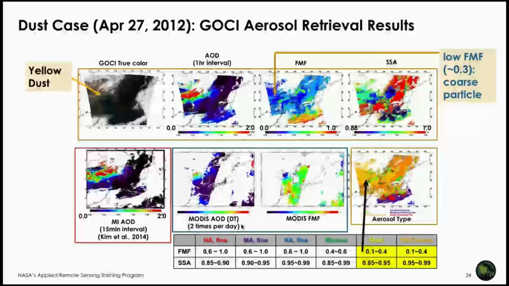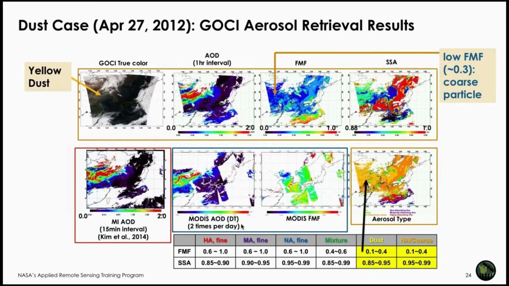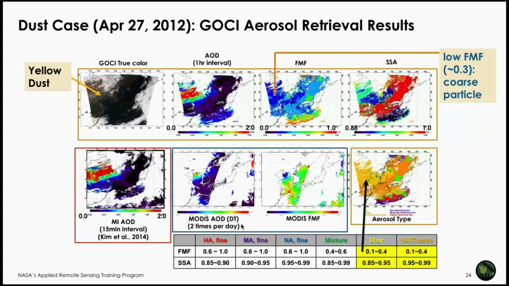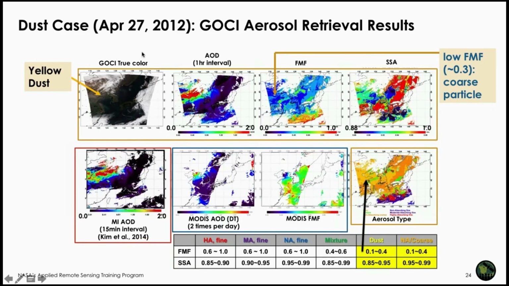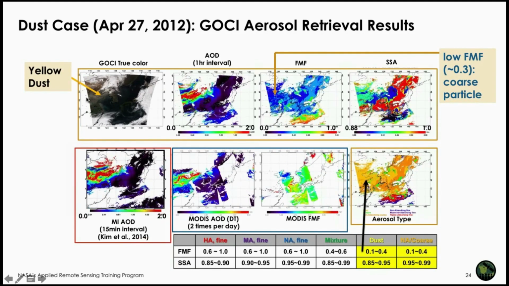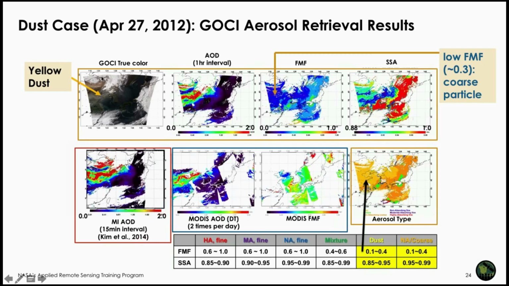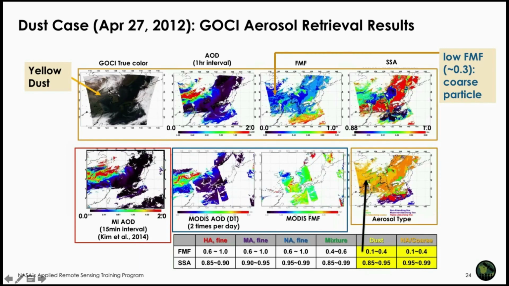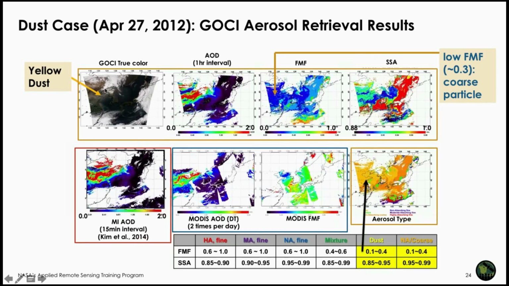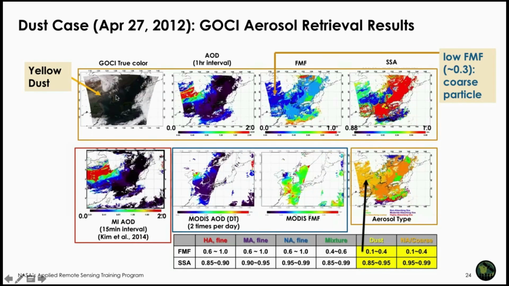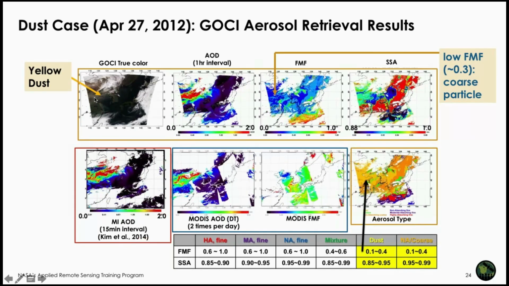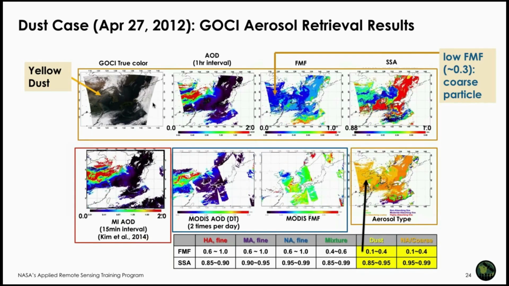This is one example of the GOCI retrieval result. This is a very heavy dust case on April 27th in 2012. In the left upper figure, we can see very thick yellow dust transported from the inland of China to the Korean Peninsula. We can see this aerosol plume as a yellow color in the RGB image.